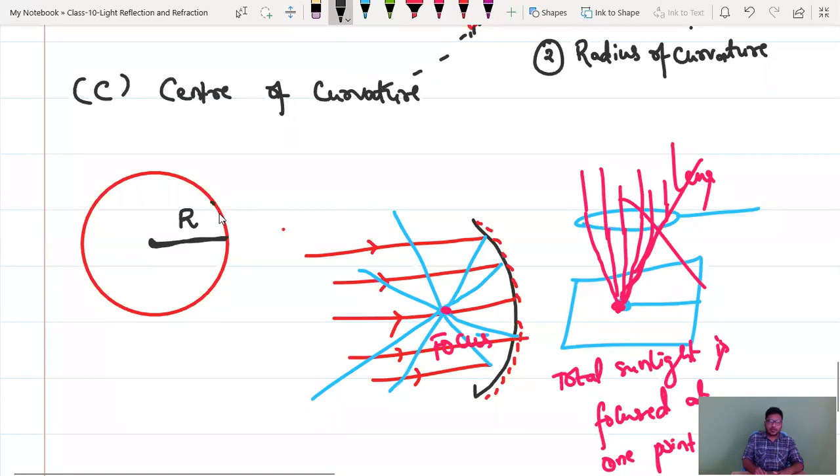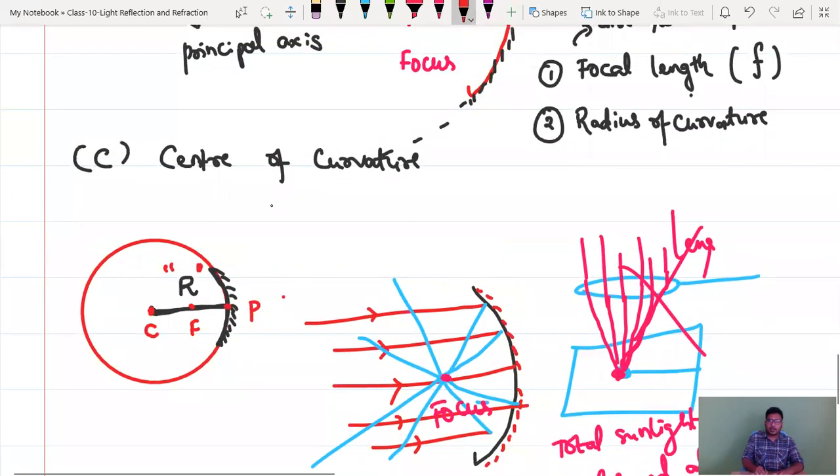Now you see this concave mirror is part of this sphere. Here we have point P, here we have point F. What is this point? C. So R. Here what I have written? Radius of curvature. So I think you can understand what is radius of curvature now.